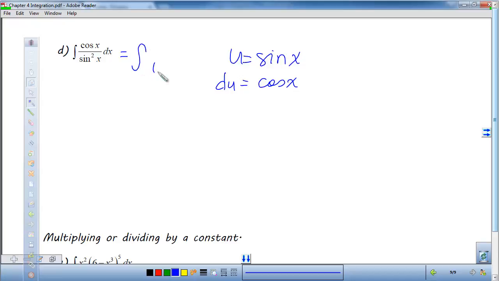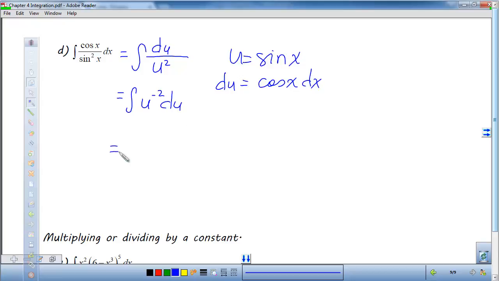So we're going to have the integral of u squared in our denominator, and up top we have du, because this is cosine x dx. So it's the integral of du over u squared, or we could rewrite this as the integral of u to the negative 2 du.